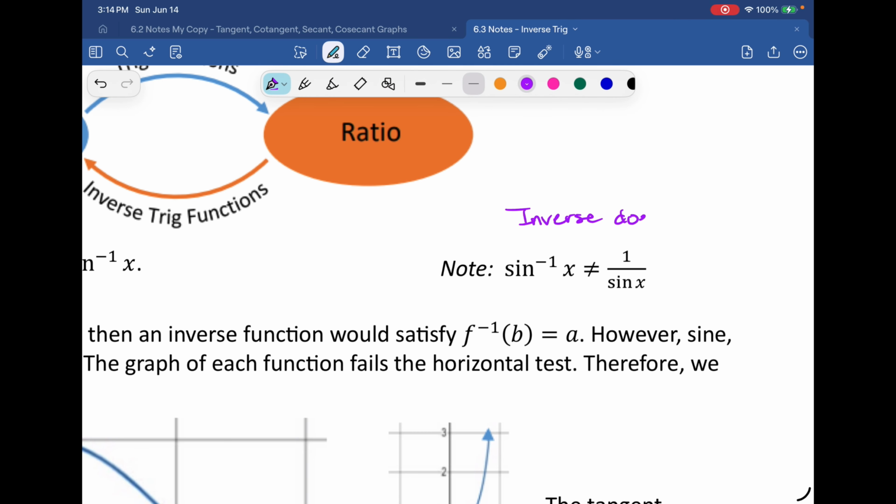The one-to-one part means they pass the horizontal line test, which means no horizontal line passes through more than one part of the function. Well, sine, cosine, and tangent are wave functions, so they definitely fail the horizontal line test. So to find inverses, we limit the domain. We restrict it. For sine, it's restricted to negative pi over 2 and positive pi over 2.